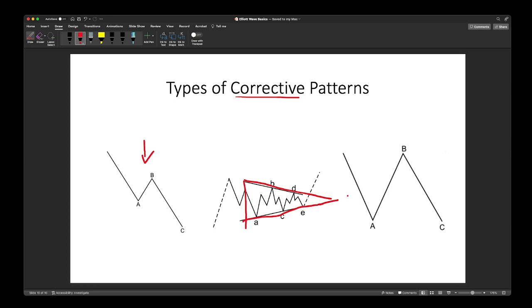Another pattern is a flat, made up of also an A, B, C. But what's unique about this flat pattern is that all the waves are equal to each other.